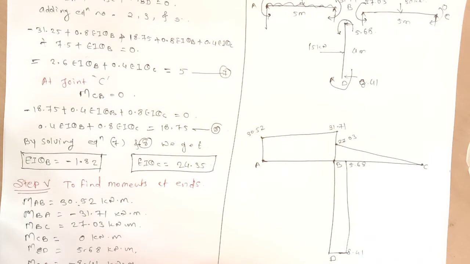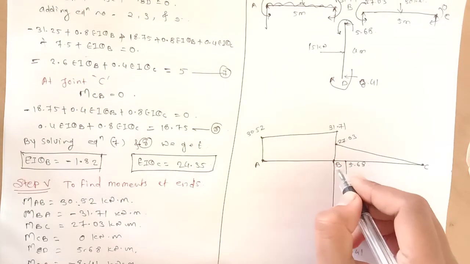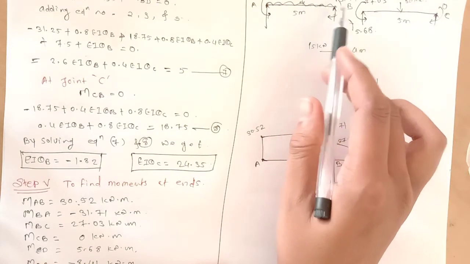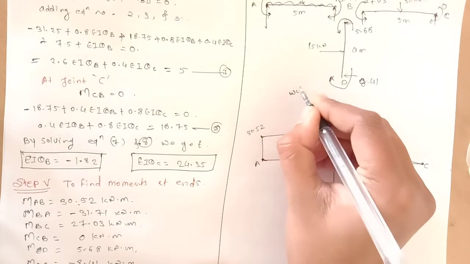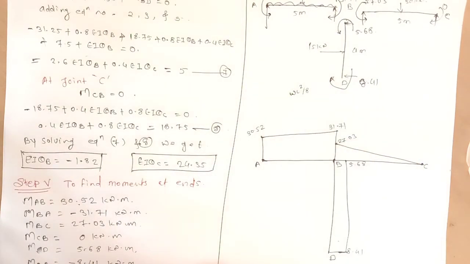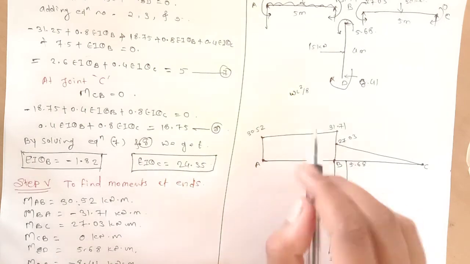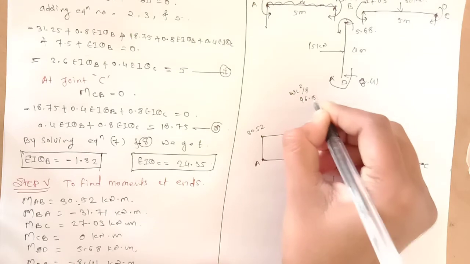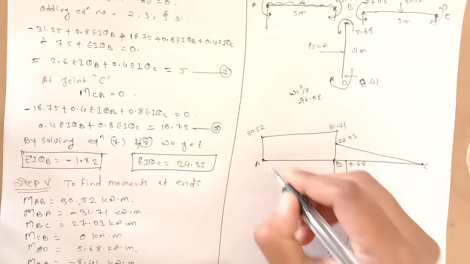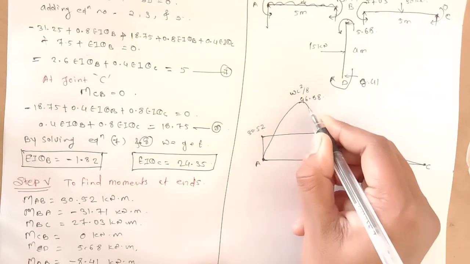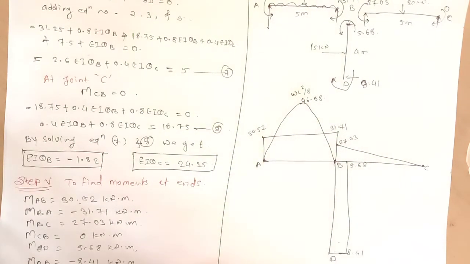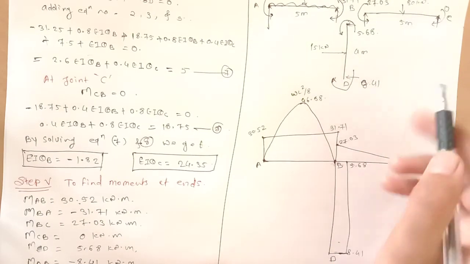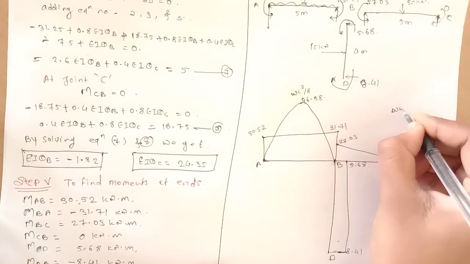Then next, the bending moment diagram. Over this AB member a 15 kilonewton per meter load is applied. So the formula is WL square divided by 8. So here W is 15 multiplied by 5 square divided by 8, which is nothing but 46.88. So approximately here. So the diagram is like that. Then next, over this BC member a 30 kilonewton point load is applied. So the formula is WL by 4.